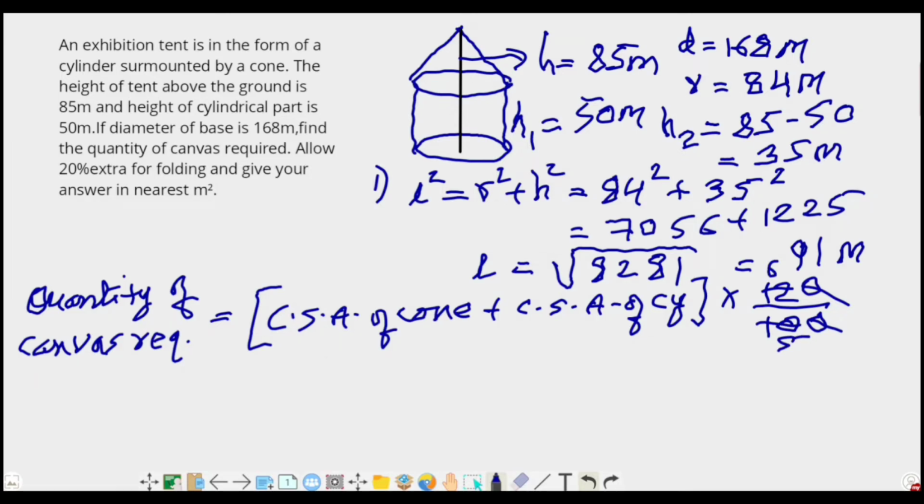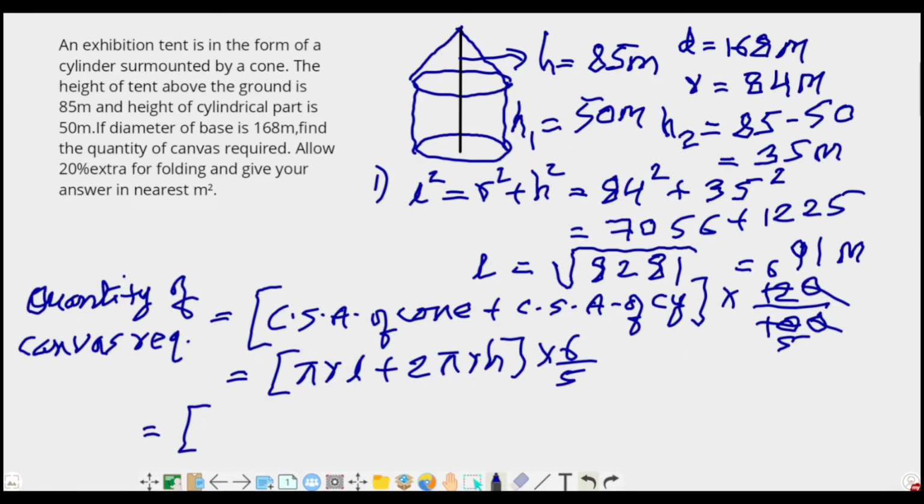Now let's first substitute the formula. This is pi r L, this is 2 pi r H, multiplied with 6 by 5. Now what is common? Inside the bracket, pi r is common. So it is L plus 2H multiplied with 6 by 5.